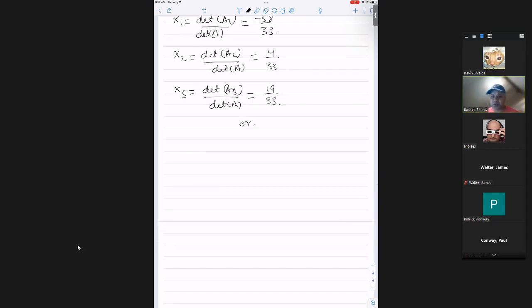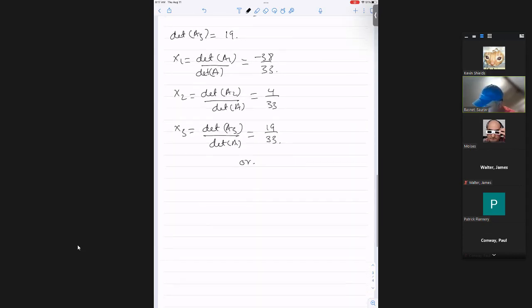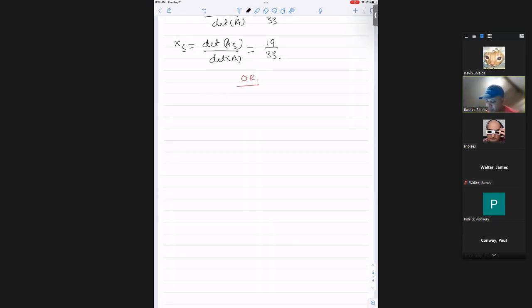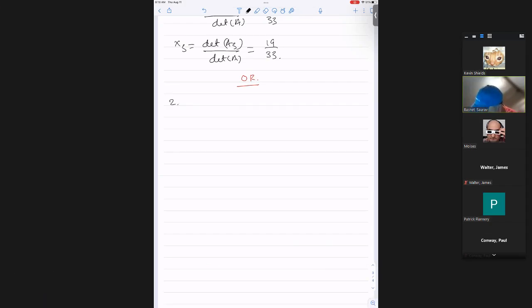Okay, so let's say this is 2. Let's say the vectors are shown below, right?